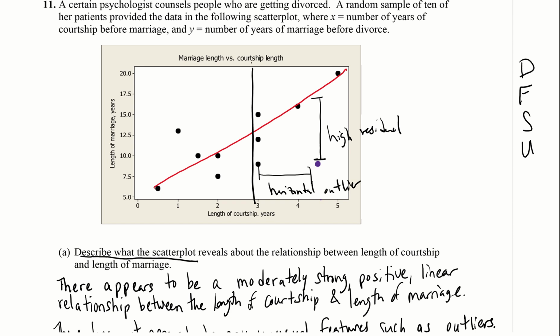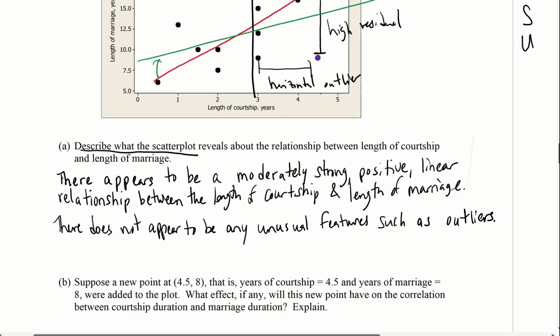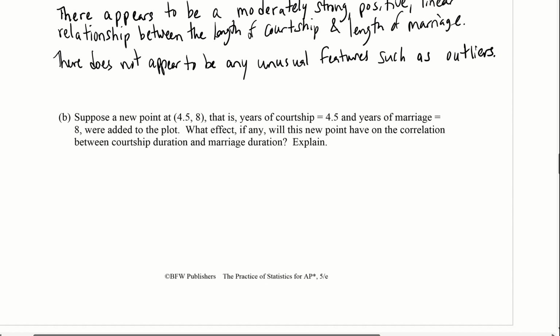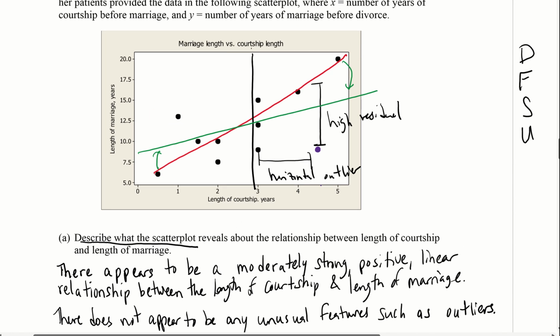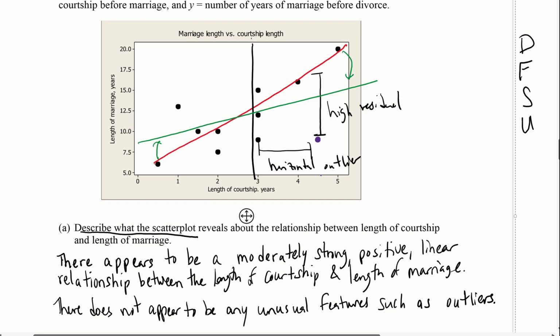Okay, so that's going to change the graph. It's going to make it swing down and up on the left side, and so that's going to change the slope. That would also decrease the correlation because now this point is far away from the data.